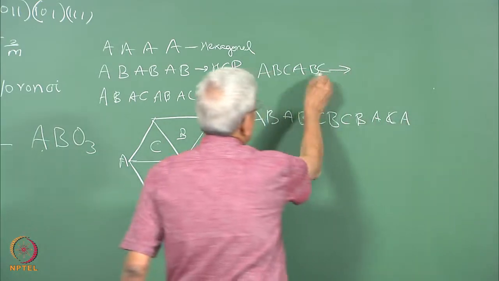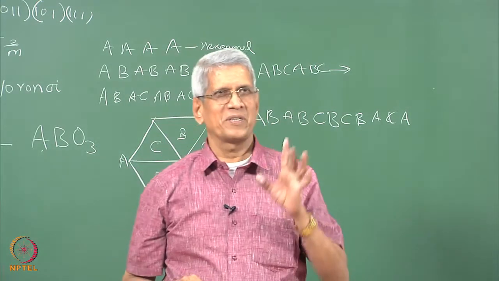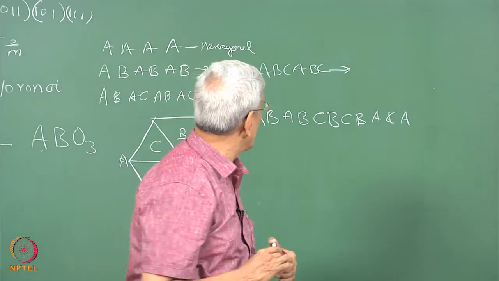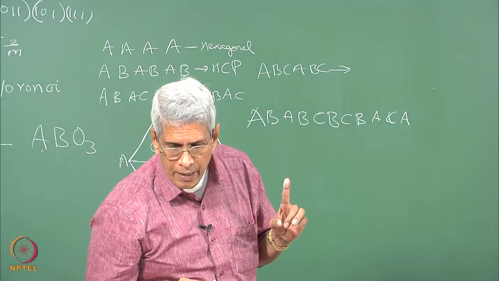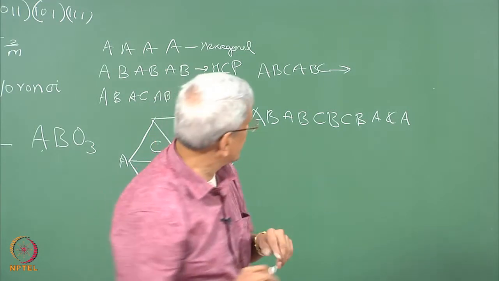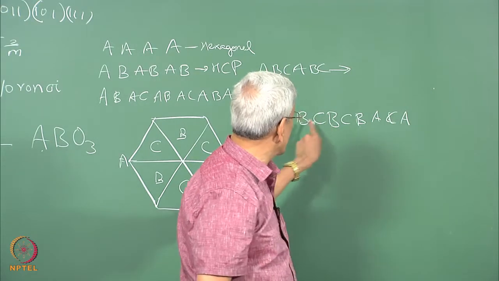This is also a combination of these three, but nowhere the sequence ABC comes, correct? Is there any ABC? No, AB, yes, ABC is there, yeah, here it is there, correct.